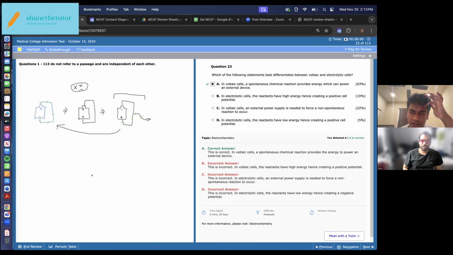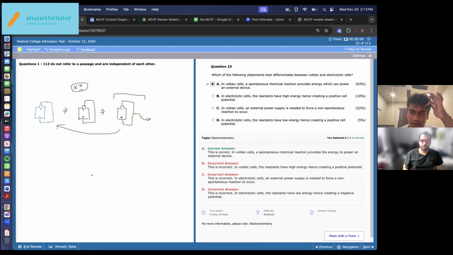And these over here are the reduction half reactions. So we see that for the zinc, it has a reduction potential of negative 0.76. For the copper, we see a reduction potential of 0.34. Now, what happens in an electrochemical cell is that whichever has the higher reduction potential is the one that will be reduced.